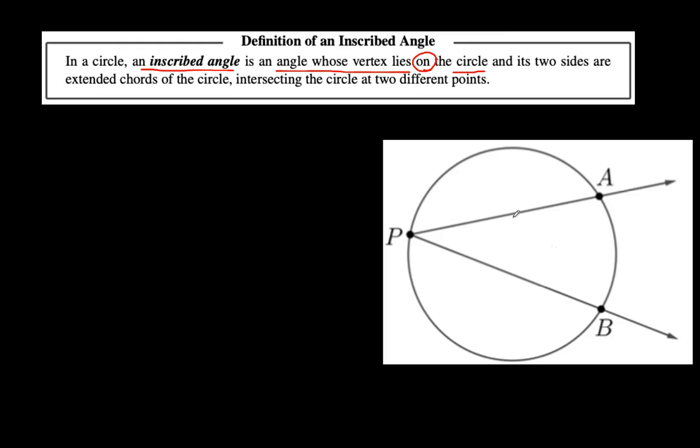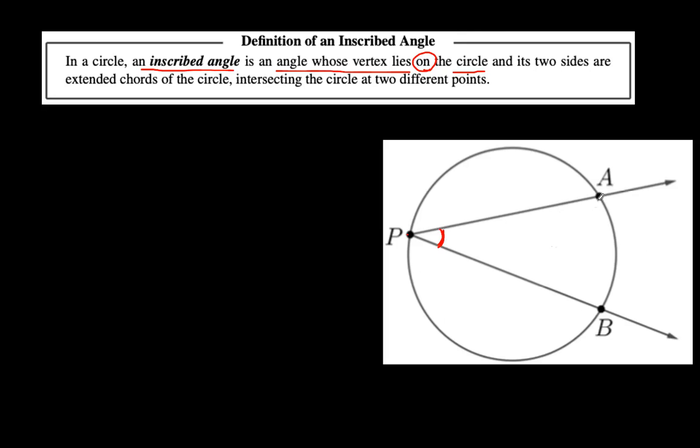So this is our inscribed angle, because the vertex lies on the circle. Point P is a point on the circle, and it is the vertex of the angle APB. So this is our inscribed angle.